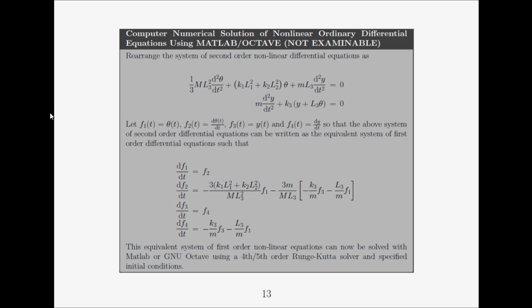In general, in machine problems and dynamics and vibration applications, the equations will be nonlinear. It doesn't matter if the equations are linear or nonlinear, as long as we have a system of first order equations. It's quite possible to have a system of first order nonlinear equations. When we have such a system, we can use what's known as a fourth, fifth order Runge-Kutta solver to solve the system of nonlinear ordinary differential equations.